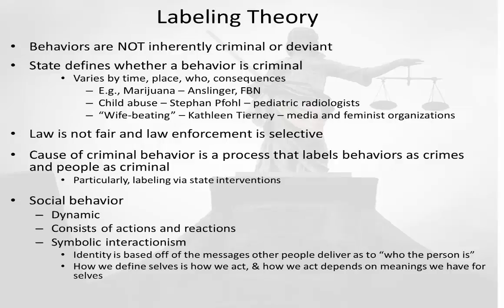Stephen Foll, with the use of radiology, was able to identify the abuse that children were experiencing, which created child abuse laws. Kathleen Tierney, who was a powerful feminist, advocated for domestic violence laws, which were never on the books prior.